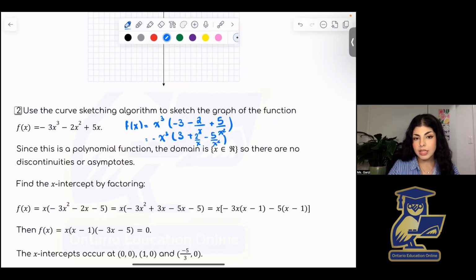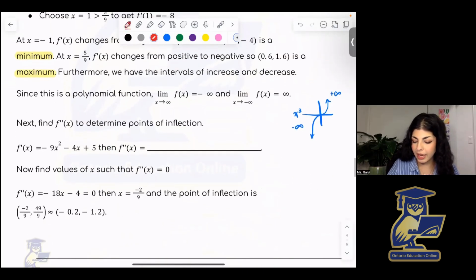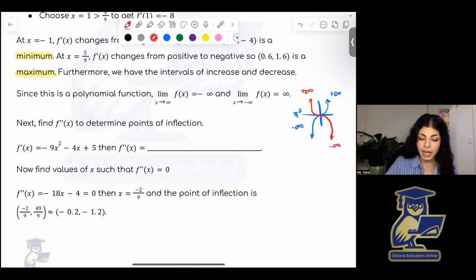So the constant doesn't matter as much, but the negative matters because now the negative of this would look like this. So as we are going towards negative infinity, this is going towards positive infinity. And as we're going towards positive infinity, this is going towards negative infinity. And that's exactly what we have here.